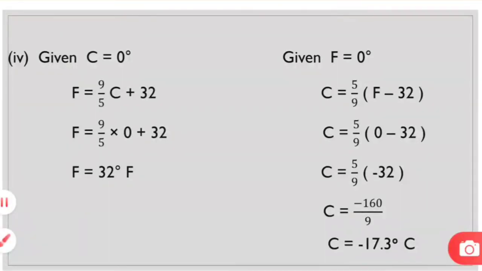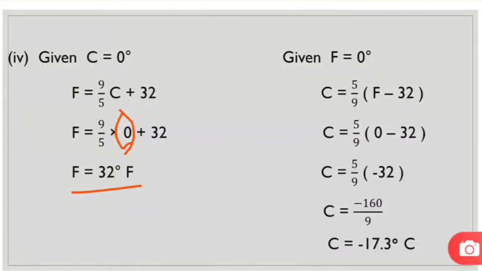We will put the value of C in the equation, F equal to 9 upon 5 into C plus 32. So we will get 9 upon 5 into 0, here is the value of C, plus 32. Anything multiplied by 0 becomes 0, so this will be 0 only, and we will get F equal to 32 degree Fahrenheit, because 0 plus 32 is 32.